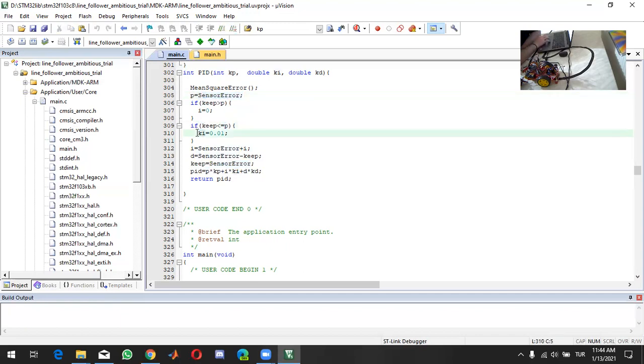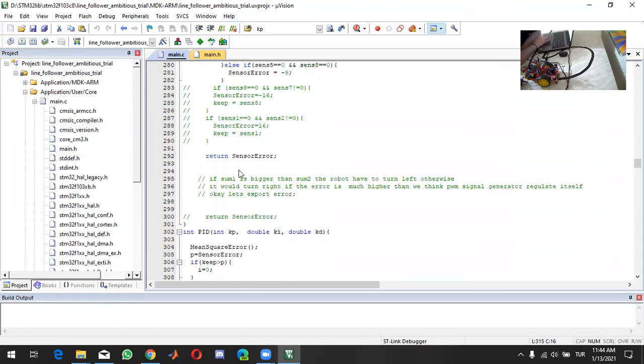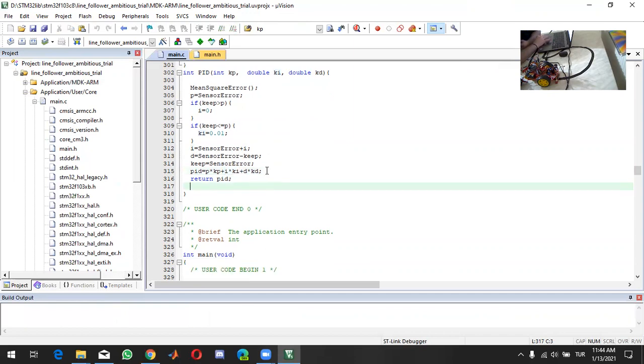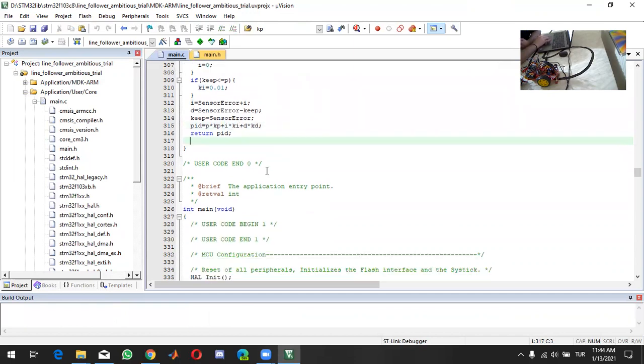Just regulate KI to 0.01. Okay, and this KI will be 0.01 instead of 0. That means the effect is very amazing. I was shocked after showing, you will be shocked, I guess.